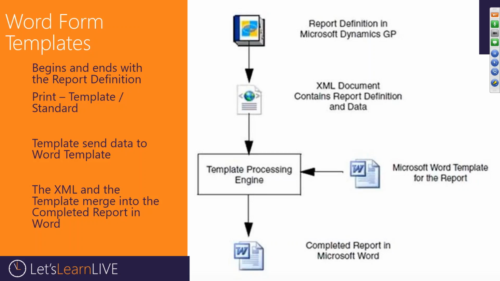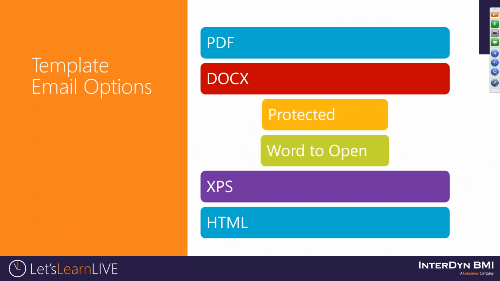Because it's based on that GP report out of the report writer, we still have the report writer to manage and to deal with. And so that makes this one a little bit more complex. But once you get the hang of this, it really is a nice feature. And there's some nice benefits to having that GP report still out there, which we'll look at in a second. And so when we email these documents out, we have really four choices.